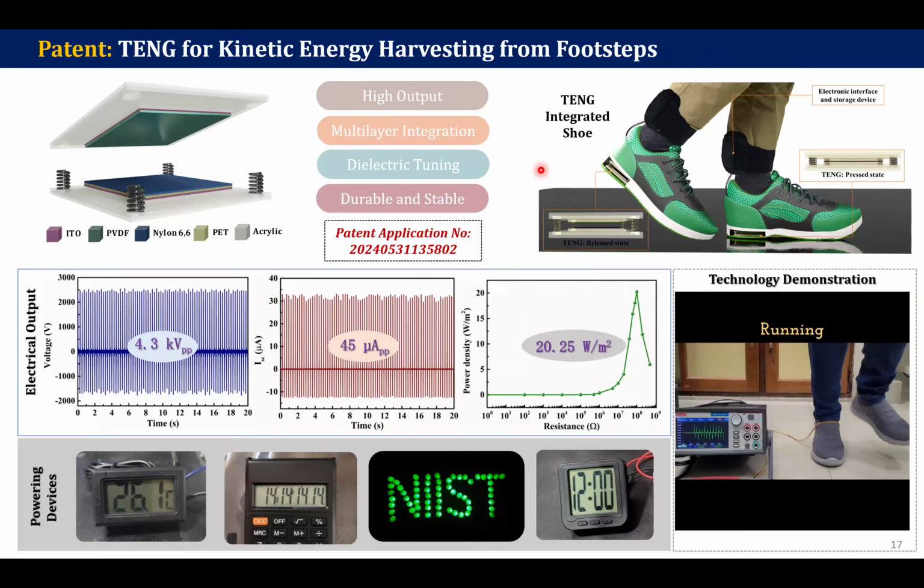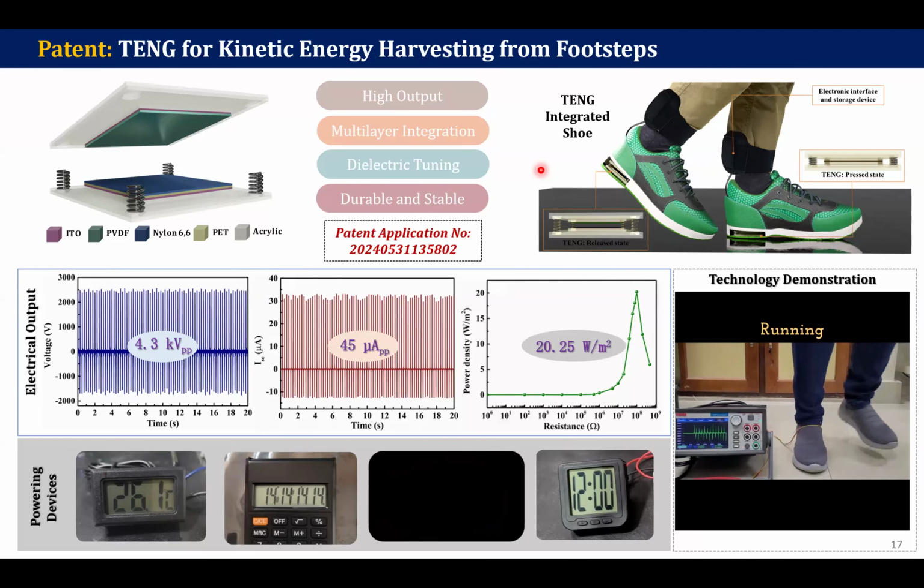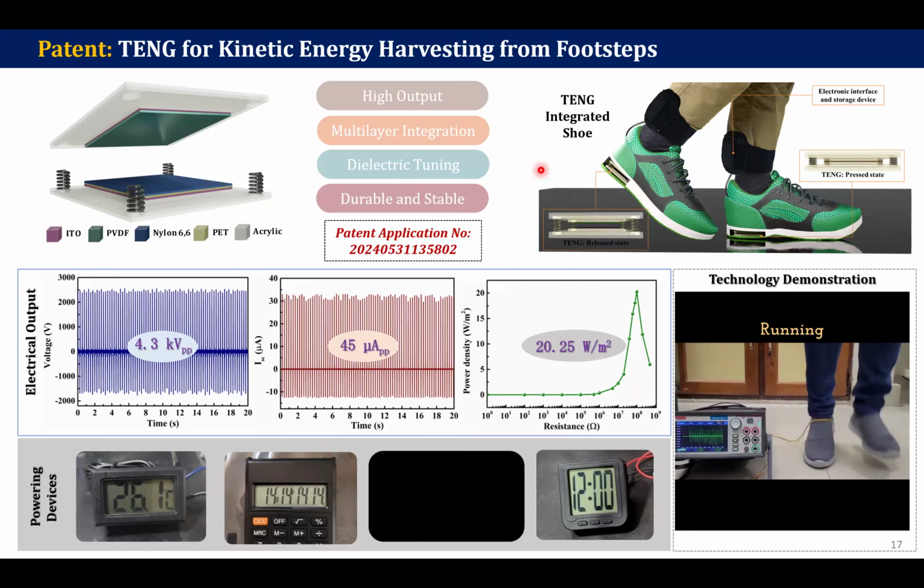So that resulted in almost 4.3 kilovolt peak-to-peak electrical output, 45 microampere current, and 20.25 watt per meter square, which is a record power density. And this has been utilized for powering various kinds of electronic gadgets and direct powering of LEDs. So in this video you can see.